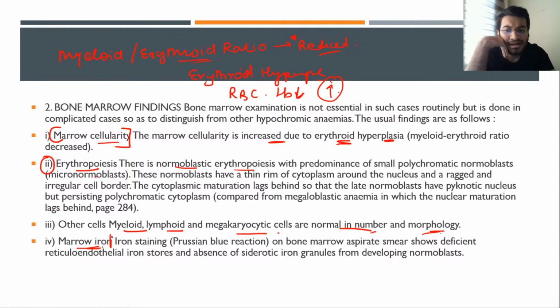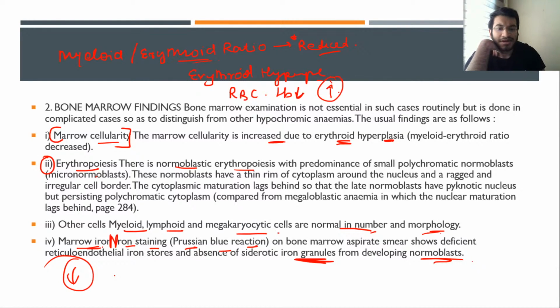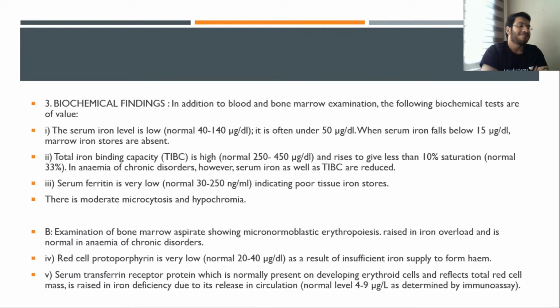Then marrow iron: iron staining or Prussian blue reaction on the bone marrow aspirate smears shows deficient reticuloendothelial iron stores and absence of the siderotic iron granules from the developing normoblasts. So ultimately marrow iron will be reduced.